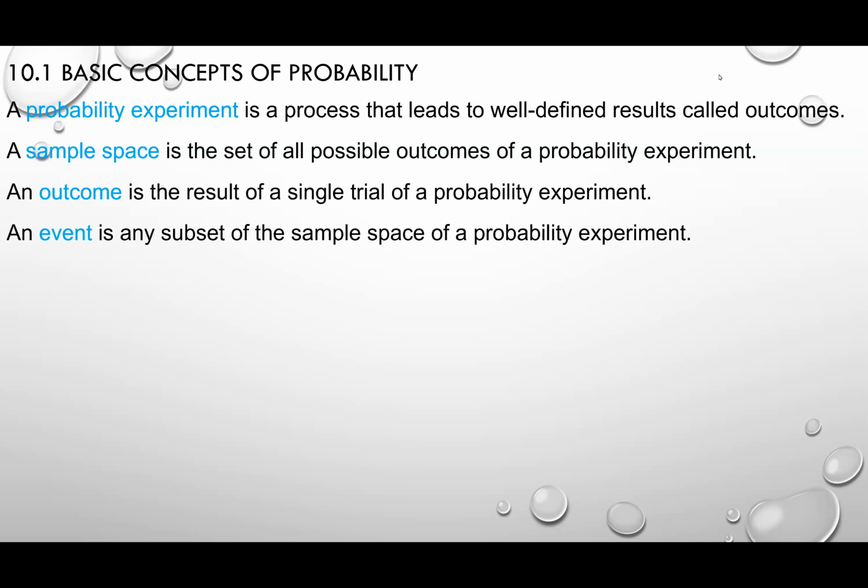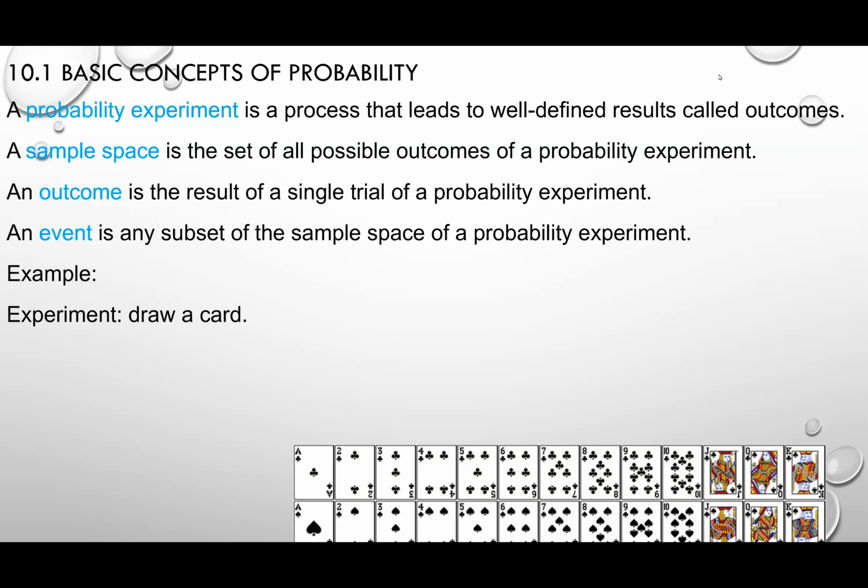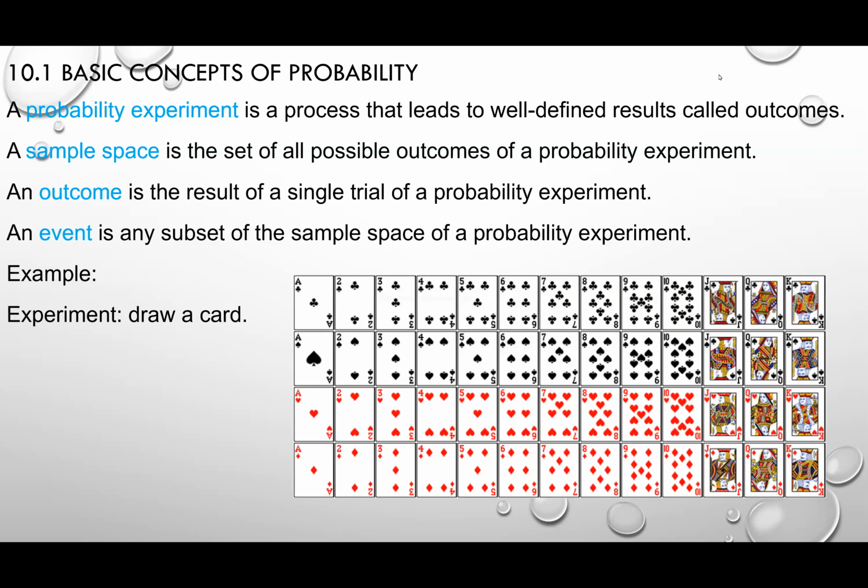Okay, so in short, the experiment is what we want to do, right? In this case, the experiment I want to do is draw a card. For those of you who don't know the deck of cards, this is your sample space, meaning this is all of the possibilities that you can get, but you only pick out one card, right?